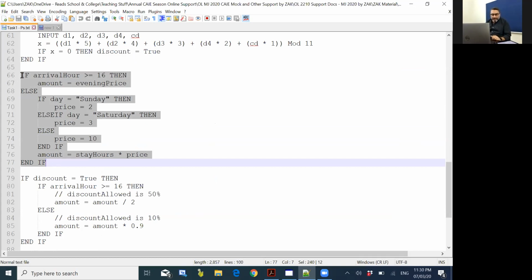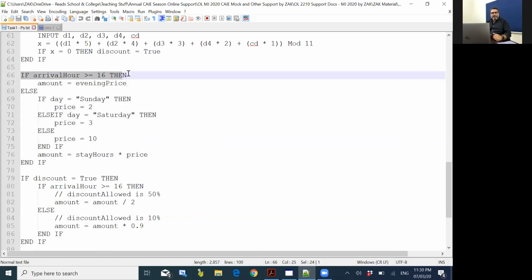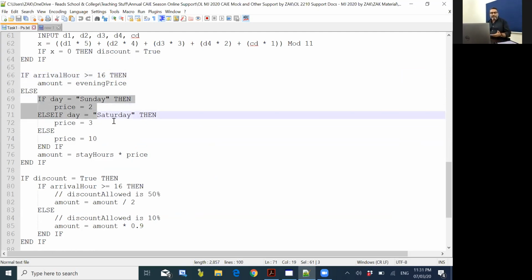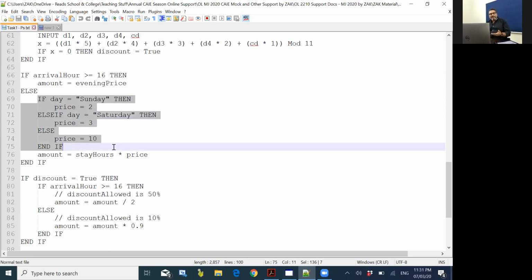If someone has arrived after 1600 hours, the amount is flat, which is the evening price. The number of hours is not charged, it's only the evening which is charged at the flat rate of 2. But if they have arrived before 1600 hours, then if they have arrived on Sunday, the price is 2. If they have arrived on Saturday, the price is 3. On any other day, the price is 10.